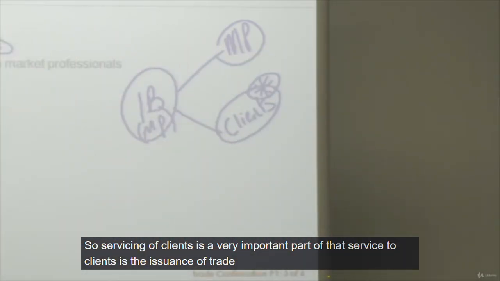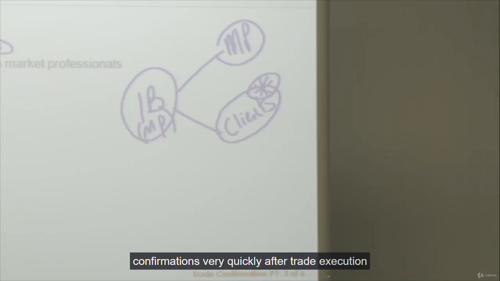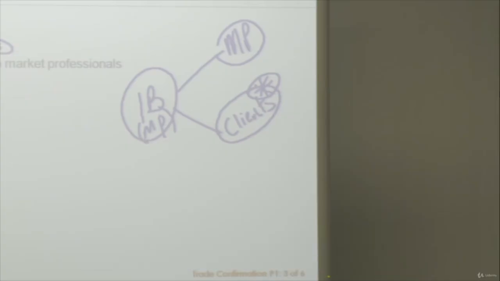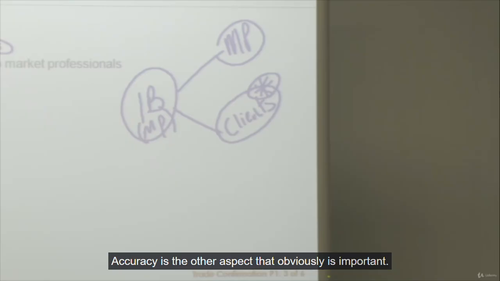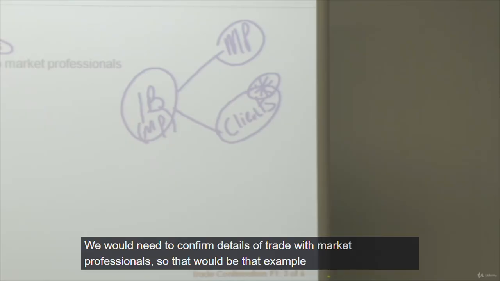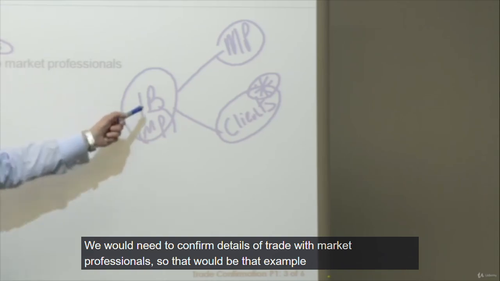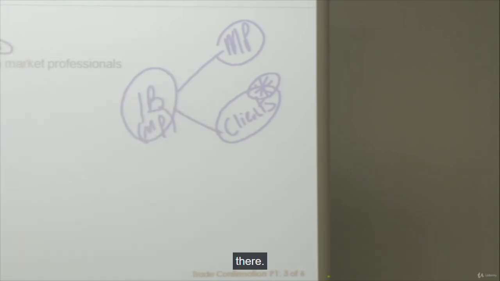Part of that service to clients is the issuance of trade confirmations very quickly after trade execution. Speed, though, is only one aspect. Accuracy is the other aspect that obviously is important. We would need to confirm details of trade with market professionals, so that will be that example there.